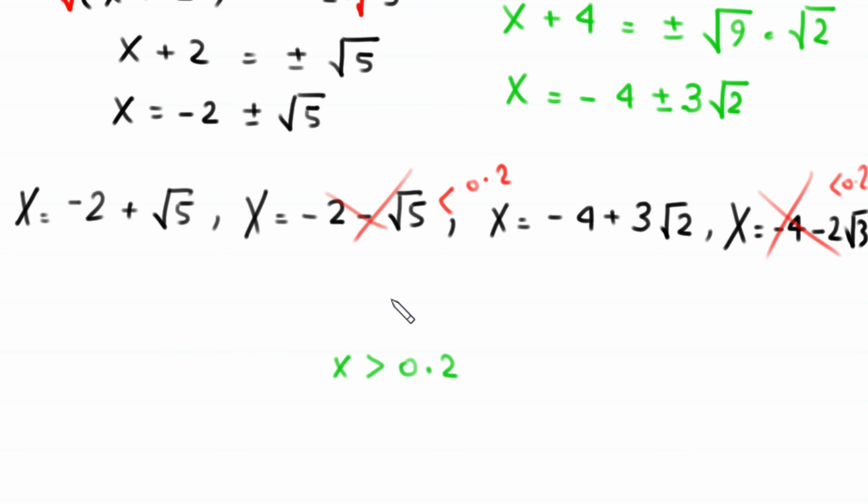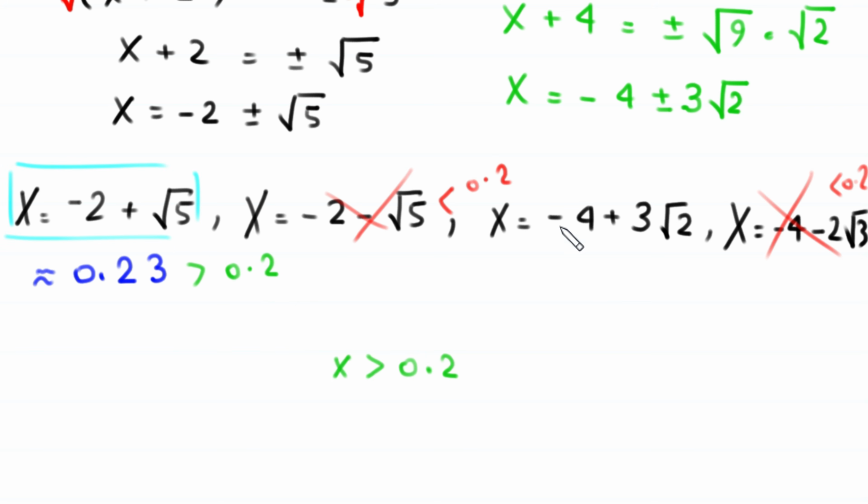And this negative 2 plus root 5 is approximately equal to 0.23, which is greater than 0.2. So this is a valid solution.